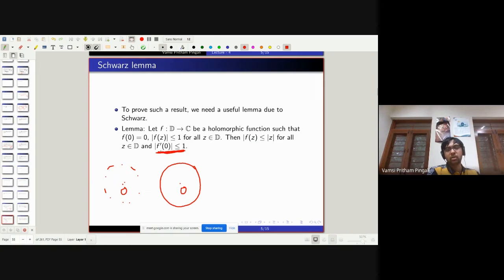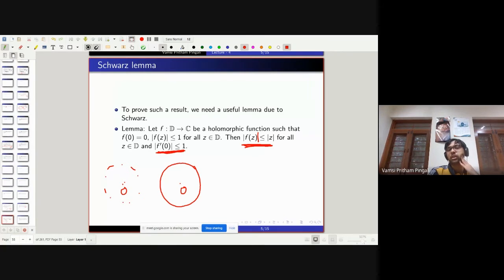So this is saying that they're not allowed to move too much. And mod f of z is less than or equal to mod z. There's no real intuition for this. All right. I hope the statement of the lemma is clear. It might look like this lemma is very technical and might not be useful at all, right? But we'll see in a moment how it can be useful.